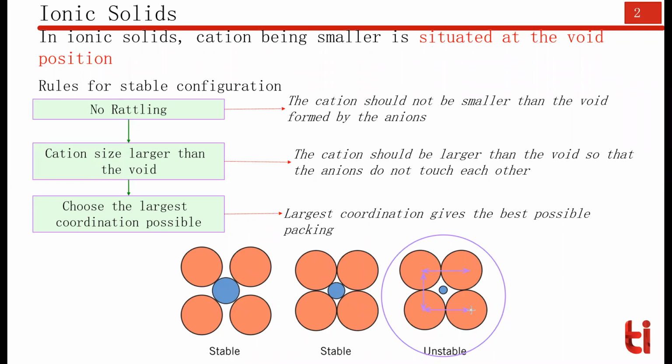So you cannot have a stable configuration with an anion and a cation where an anion sits in the valley but doesn't touch any of the cations. The more stable configuration is the middle one. Let me show that. The middle one has similar geometry to the previous case.